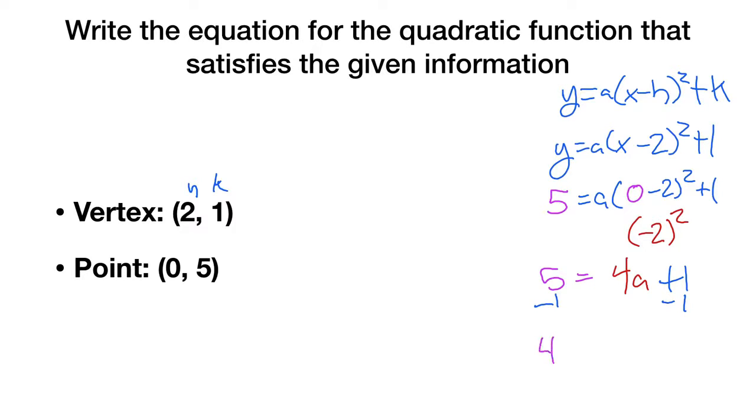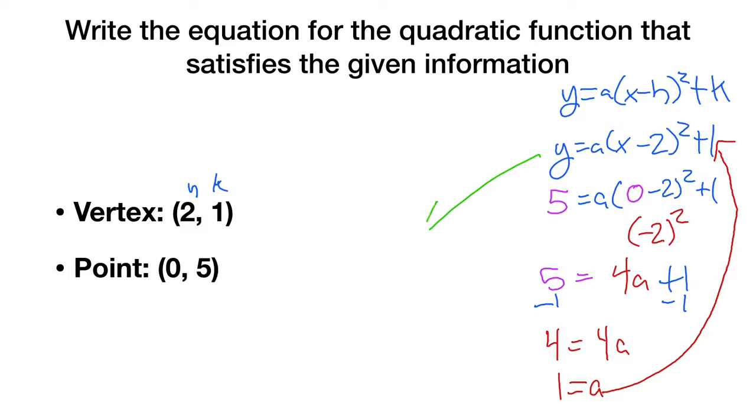That means 4 equals 4a, which means a equals 1. I'm going to take that information and plug it right back into the original equation, getting me y equals, remember, whenever we multiply 1 by something, we don't have to write it, so just (x minus 2) squared plus 1.